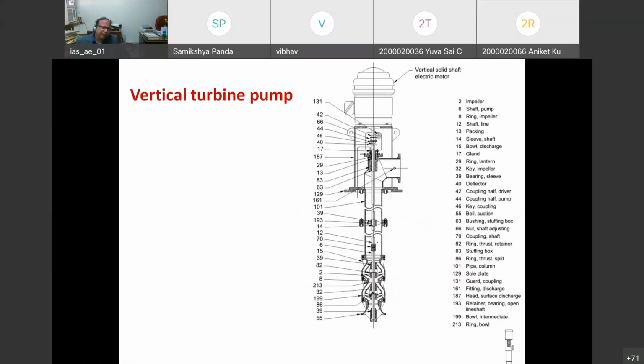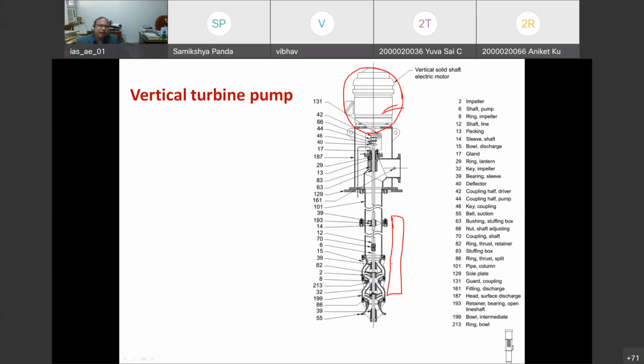Then we have the vertical turbine pump. Earlier, when you had an electrical motor and wanted to keep it inside a tube well, it was not possible to keep the electrical power prime mover inside the well.